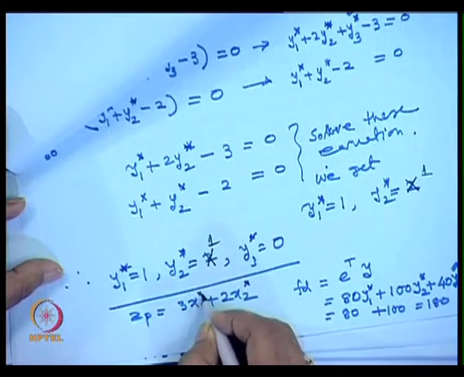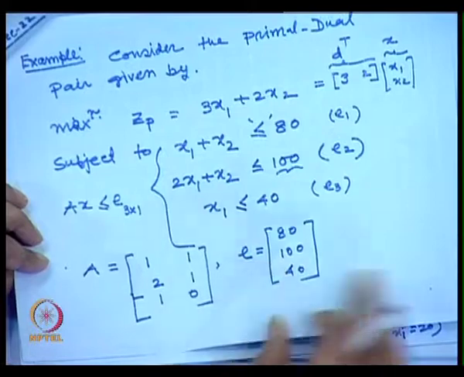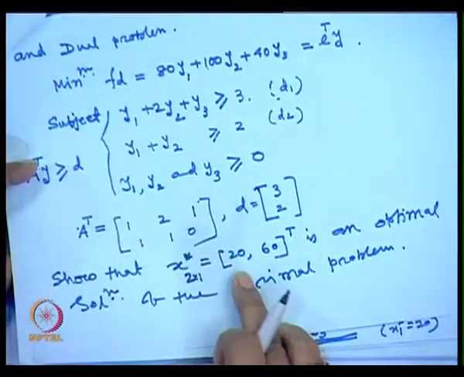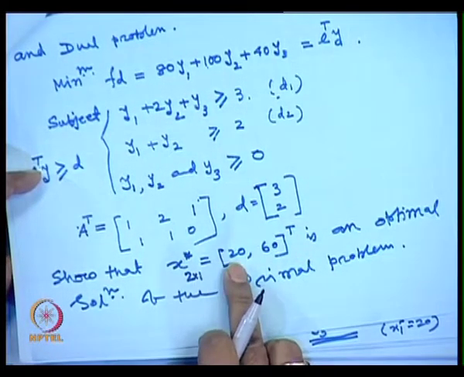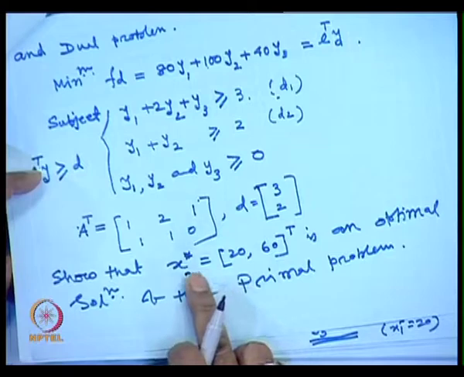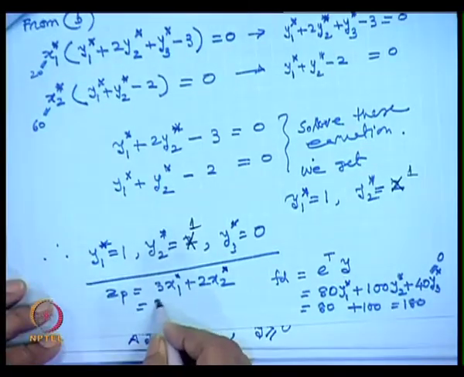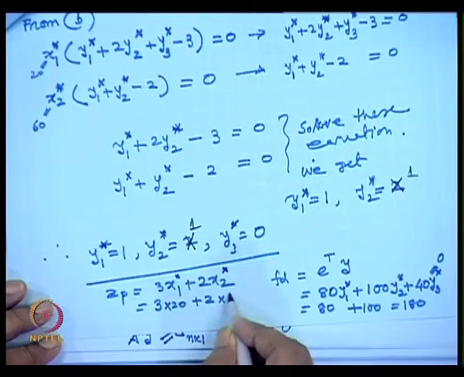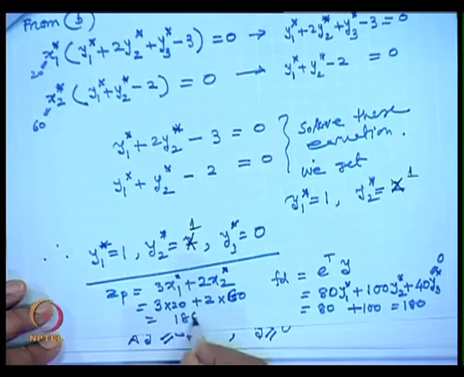This is the objective function of the primal problem, and we are given x1 star is 20 and x2 is 60. The solution of the primal problem is maximization of the objective function. At what point will we get the maximum value? x1 is 20, x2 is 60. If you put it here, 3 into 20 plus 2 into 60, its value is 180.